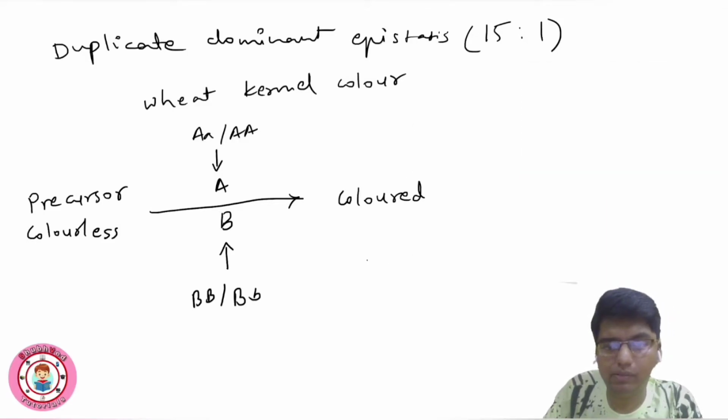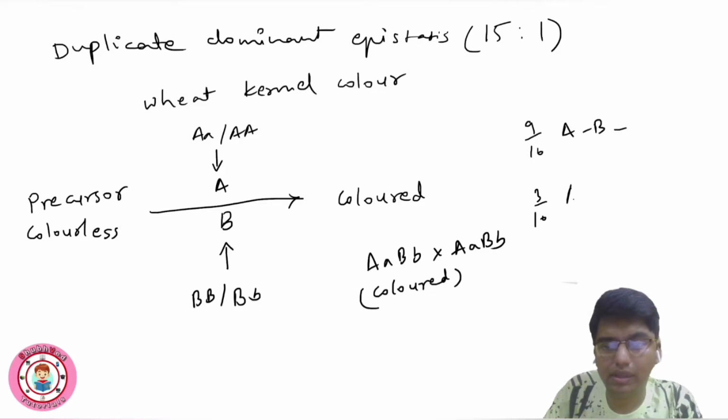So when we cross here, these both are colored. This will give A dash B dash 9 upon 16, A dash bb, aa B dash, and aabb.